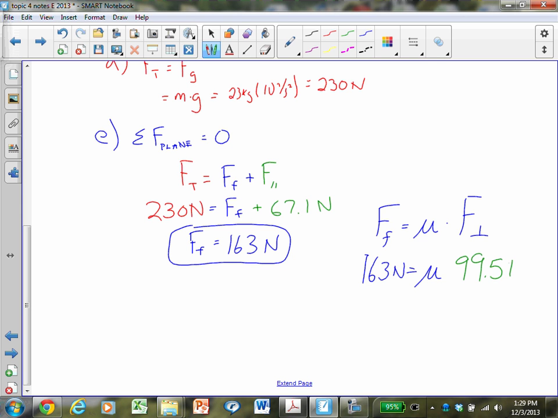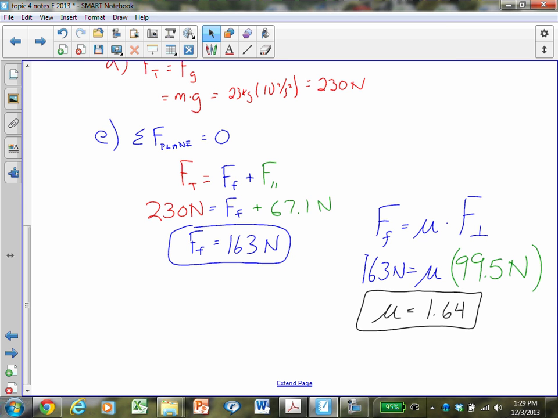So the newtons are going to cancel, and mu is 1.64. So that just got a good chunk of it off, didn't it?